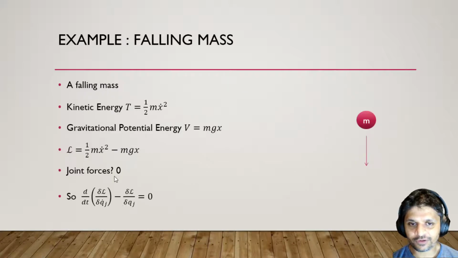If we plug that in here, we get that the derivative with respect to time of the partial derivative of the Lagrangian with respect to velocity, minus the partial derivative of the Lagrangian with respect to the position, is equal to zero. That's just from our unjustified math. I've chosen not to justify it. It's pretty unpleasant. Feel free to look it up online if you are interested in the derivation. We're not going to care about that for this lecture.